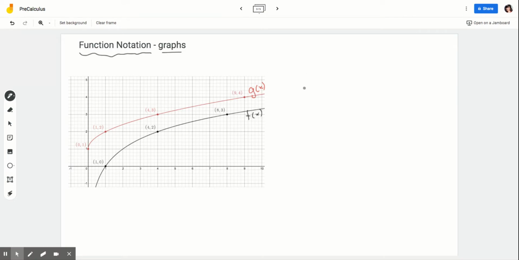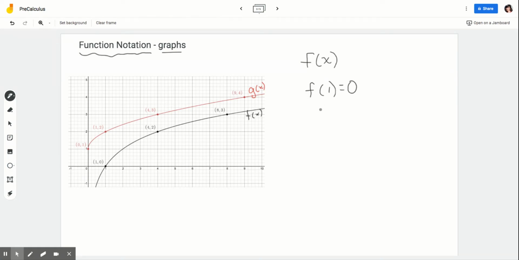So let's say, for example, you're looking at the f function. So you've got the function f of x, all right? That's this black curve down here. So this function has infinitely many points on it. If you wanted to find one of the points on this function, maybe you would say something like f of 1 equals 0.